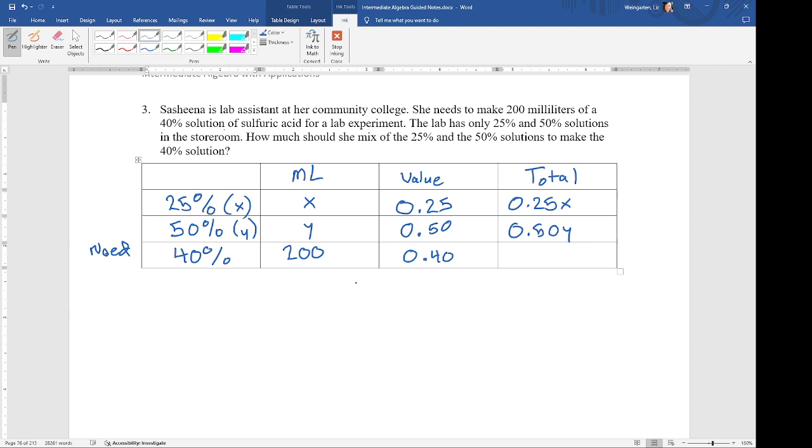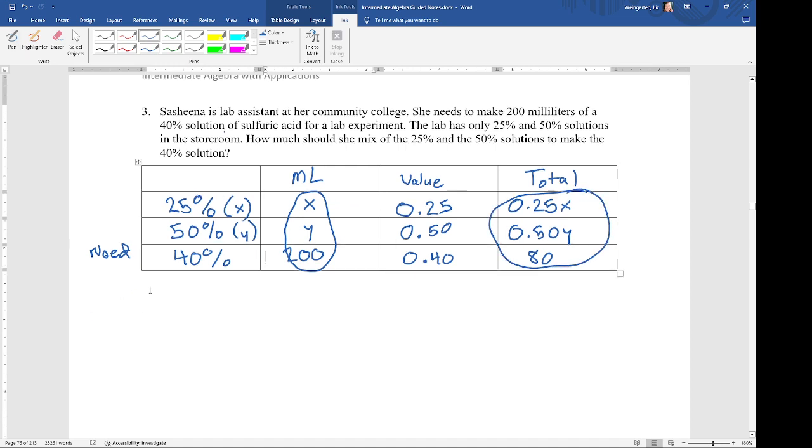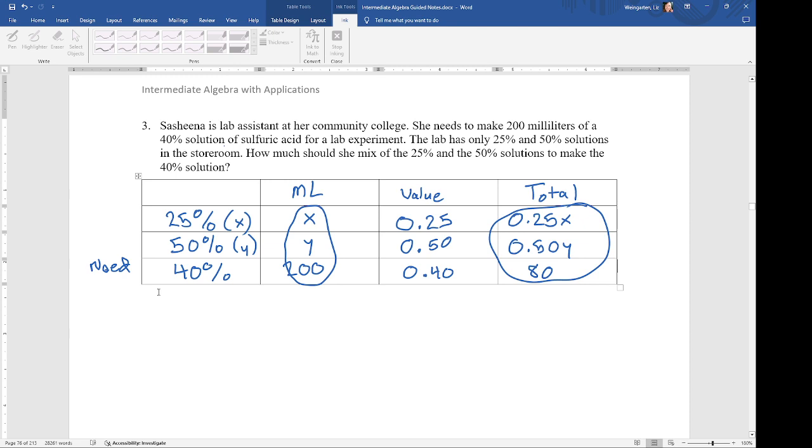I will use my calculator, is 80. We're going to add going down. Here is one equation. Here is the other equation. So we know that x plus y is going to be equal to 200.